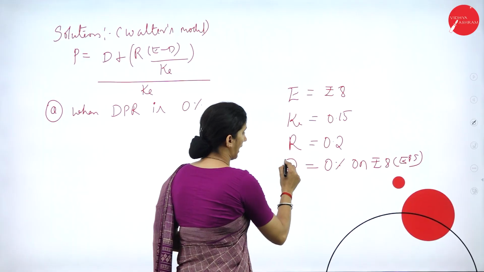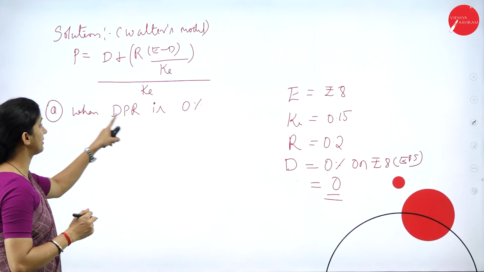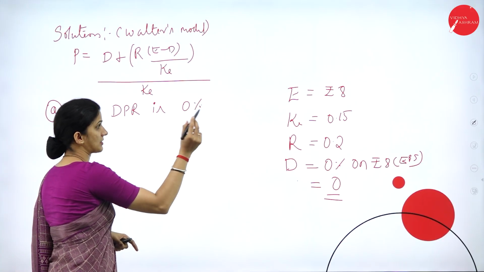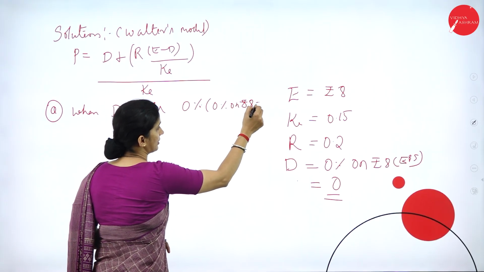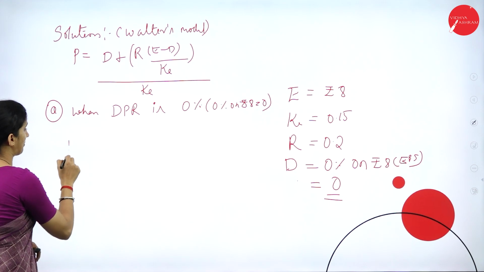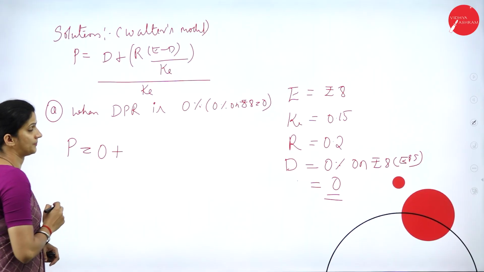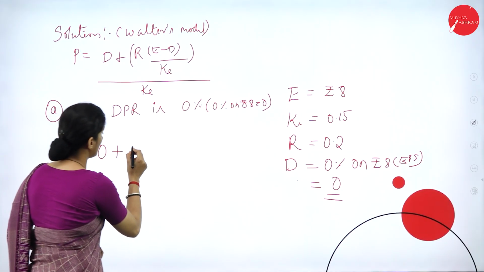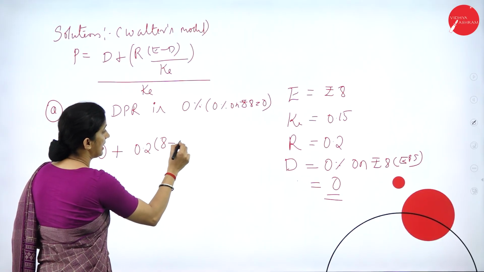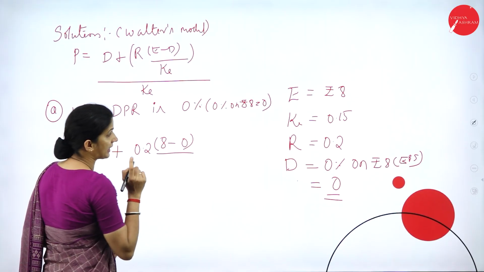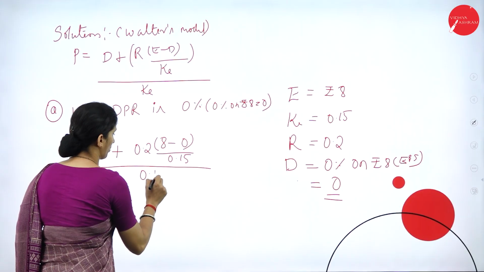So 0% on 8 means your D is 0. So we apply the formula: P is equal to D, which is 0, plus R, which is 0.2, into E minus D. E is EPS 8, D is 0, divided by KE, so KE is 0.15, whole thing divided by 0.15.